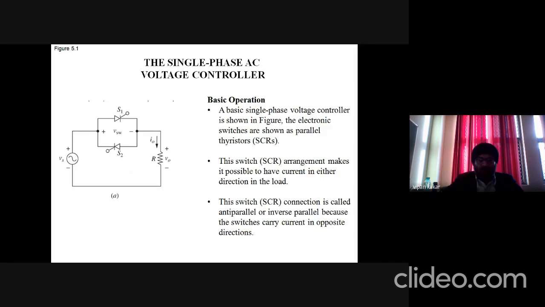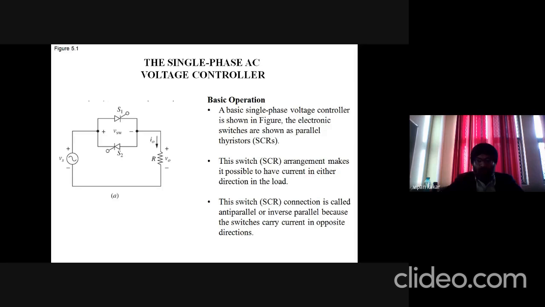So these thyristors or SCRs, the arrangement of S1 and S2, makes it possible for this circuit to have a current in either direction in the load. The two switches S1 and S2 are in parallel to each other. For S1, the anode is connected to the source while the cathode is connected to the load.